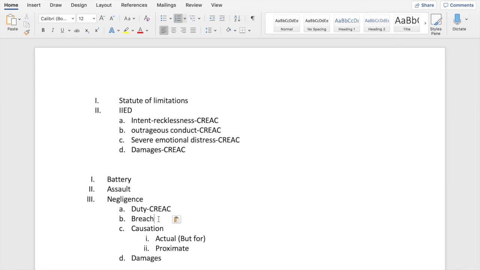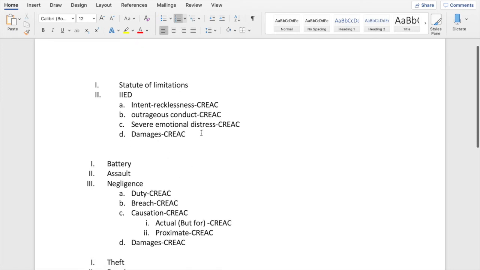Each one of these would get their own CREAC. Because remember, when you have elements, each element gets its own CREAC. That could also be a Kahoot question. Now, elements are different from factors because with elements, each one has to be met to satisfy a claim, whereas factors, you weigh them all against each other.